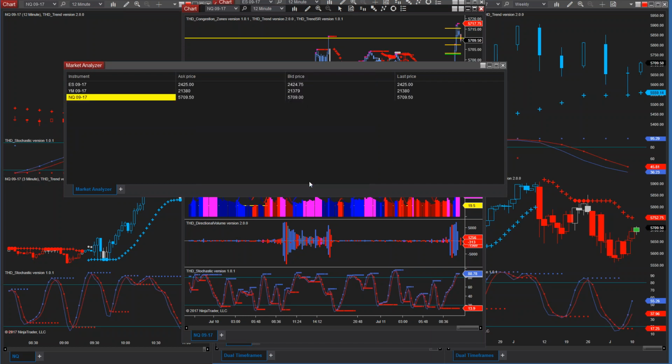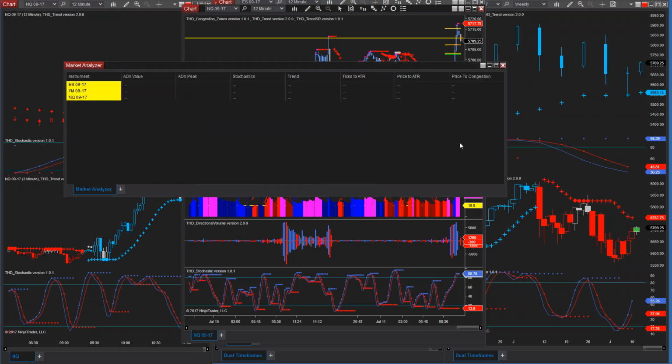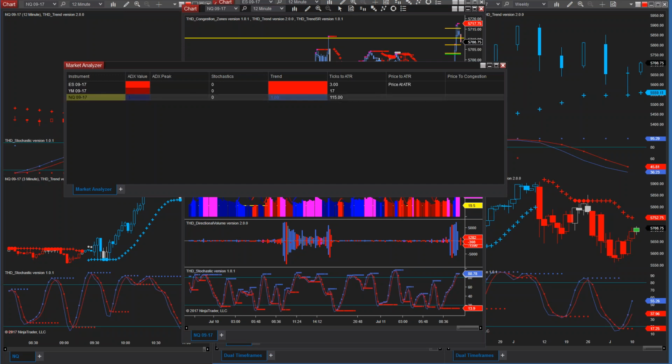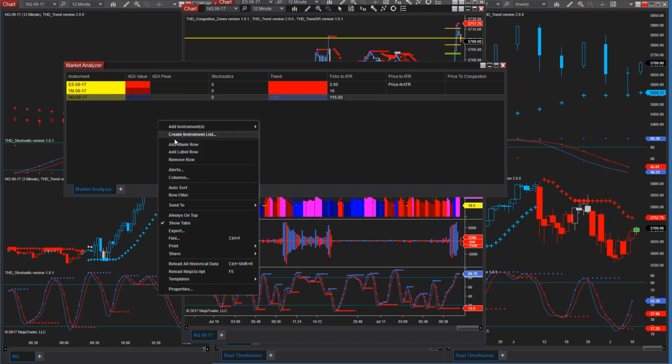Usually the 45 magenta peak is what I'm trying to trade. If I am in the midst of making a magenta peak, it will come up in this column and say magenta peak.